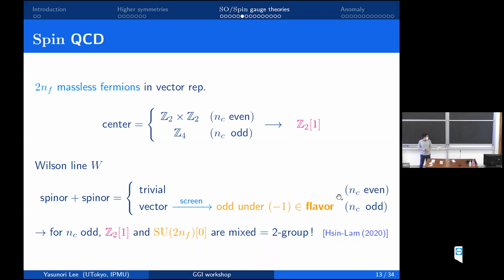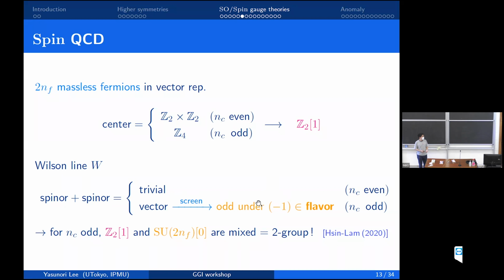However, the tricky point here is that fermions are charged not only under the gauge group, but also under the flavor group. And since -1 in the gauge group and -1 in the flavor group act identically on the fermions, the screened vector Wilson line is not completely trivial, but actually carries non-trivial flavor charge.